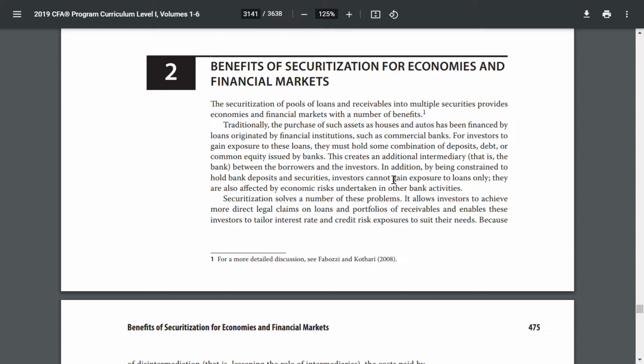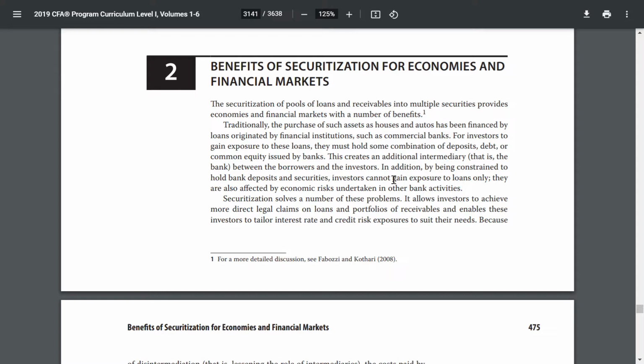This creates an additional intermediary between the borrowers and the investors. In addition to being constrained to hold banks' deposits and securities, investors cannot gain exposure to loans only. They are also affected by the economic risk undertaken in other bank activities.